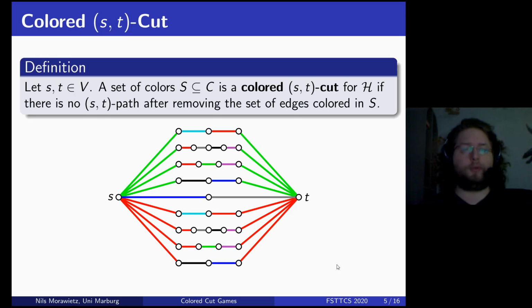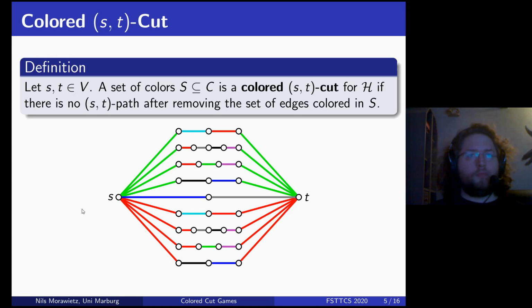So there's a very close relation between these colored ST cuts and hitting sets in the following way: a color set is a colored ST cut if and only if it is a hitting set for the collection of color sets of ST paths. And this close relation between hitting sets and colored ST cuts will be used later to obtain positive results.